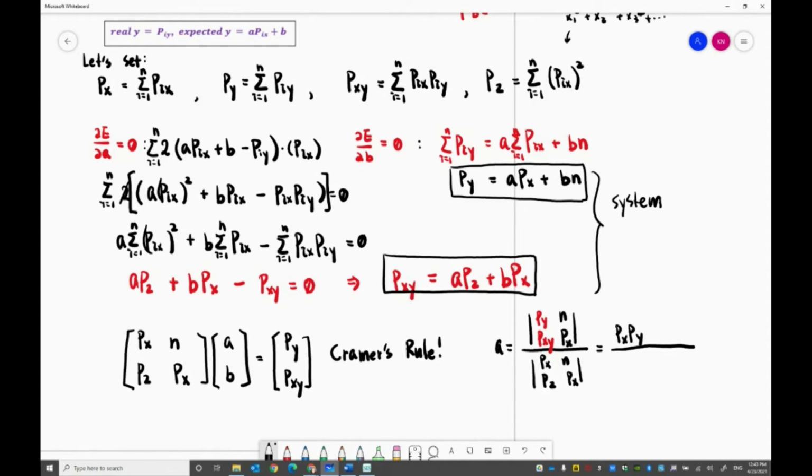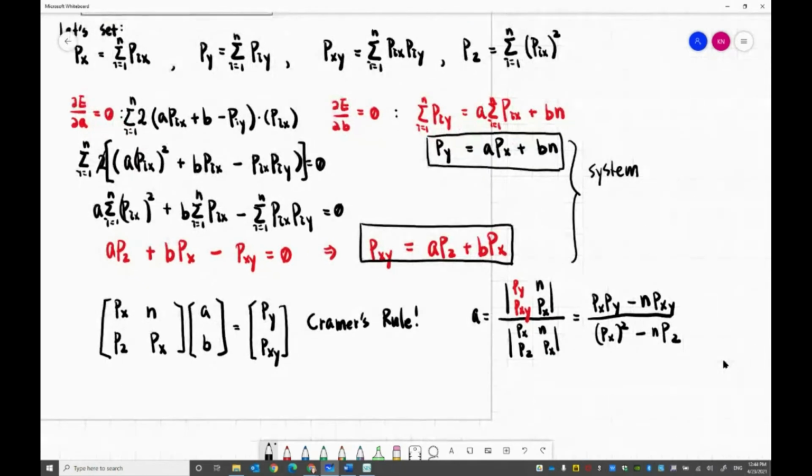So p sub x times p sub y minus n times p sub xy, over p sub x squared. That is not the same thing as p sub 2. This one means get the sum first, then square, so you cannot change it. Minus n times p sub 2. How about b?